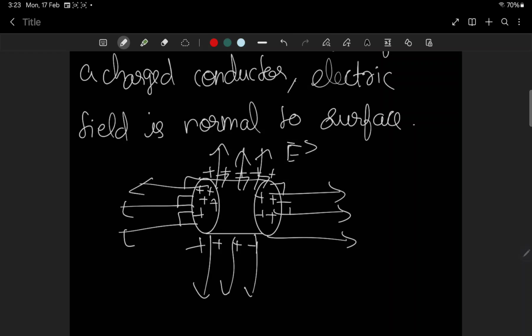Or you can tell that this surface is an equipotential surface. That's the reason it is perpendicular, right? So this is telling us that the electric field just outside the conductor is perpendicular to the surface of the charged conductor. Understood? Yes.